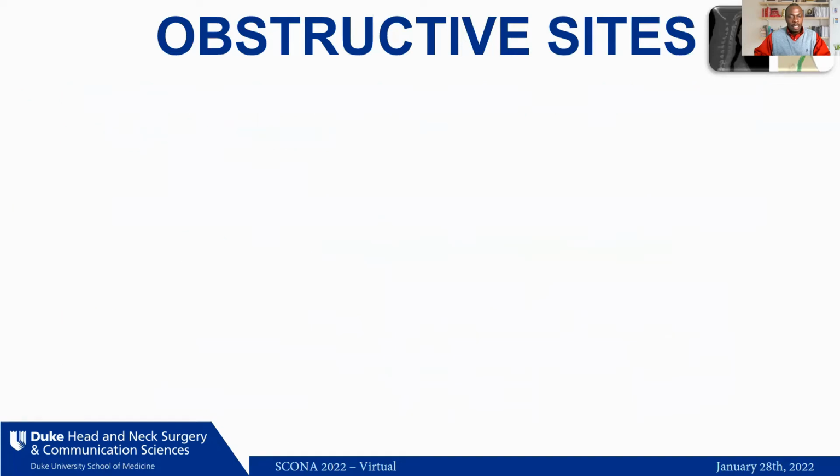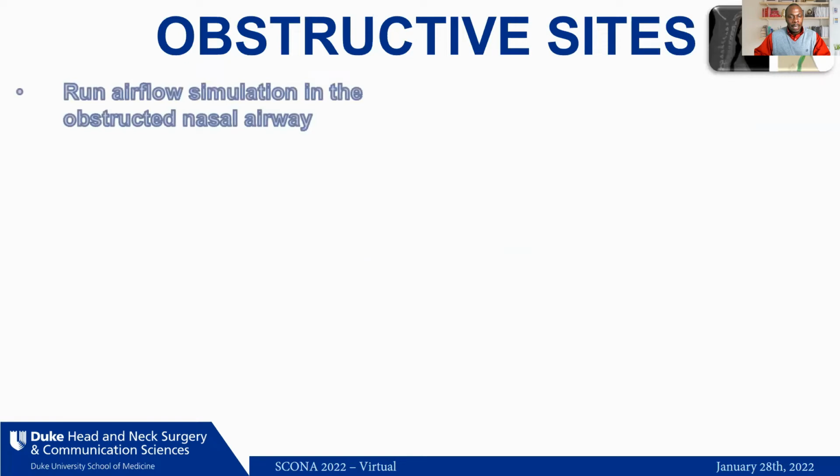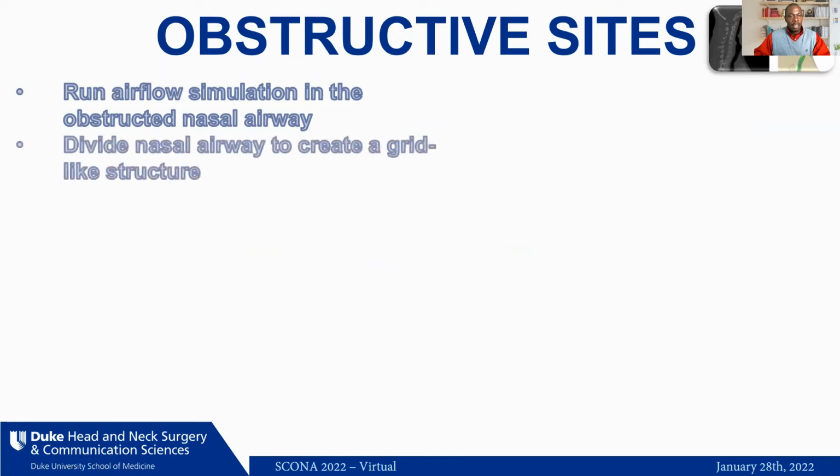To this end, we developed an analytical method for identifying the most relevant sites of greatest obstruction. First, we ran a CFD airflow simulation in the obstructed airway, often considered the before surgery airway.